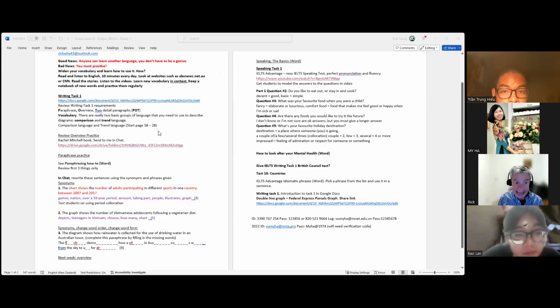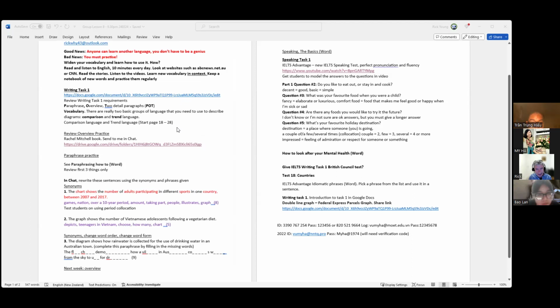So we'll look at that next week, but this week I want to finish paraphrasing. Just to remind you, paraphrasing is always the first paragraph of the writing task one answer, and this is when you use other words to write what the graph or chart is about, but using words which mean the same thing.